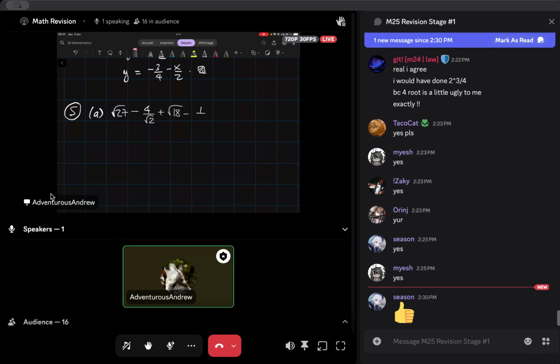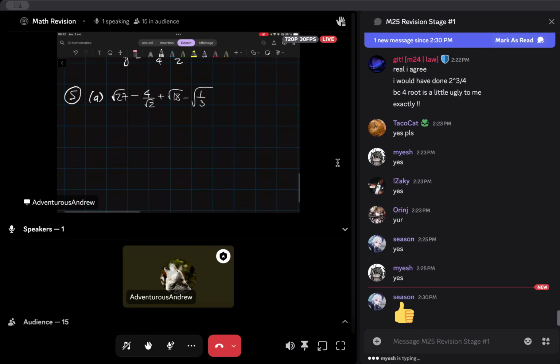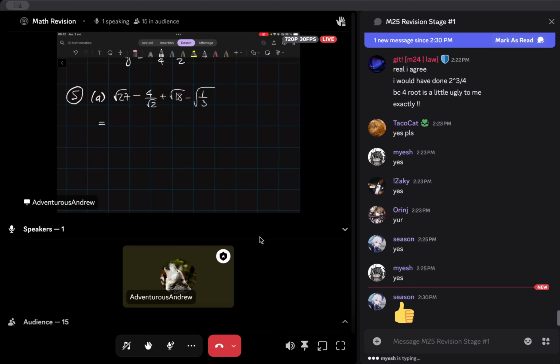Actually, scratch that. I would need to change this to 1 over 3. Root 27, that's root of 3 squared times 3. 4 divided by root 2. 2 ways to go about it.